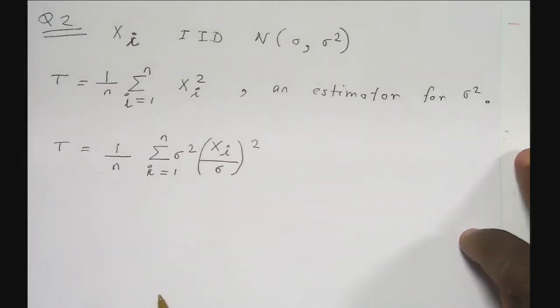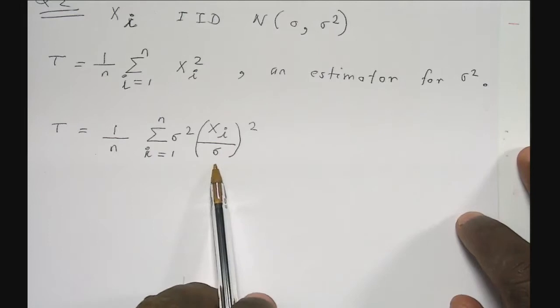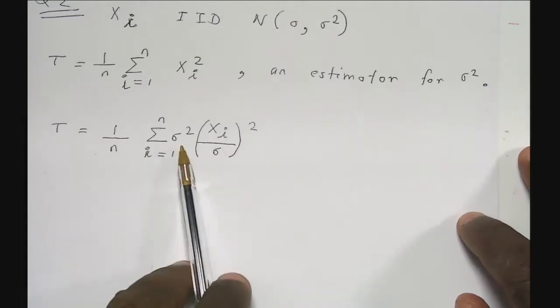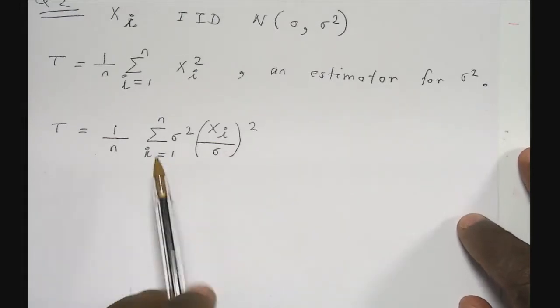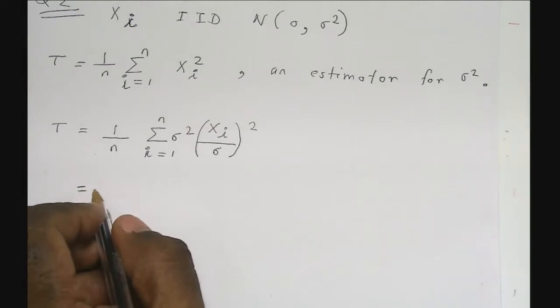You see what I've done here? I have divided Xi by sigma, and there's a square outside, so you need to multiply by sigma squared. The reason I'm doing this will become clear in a minute.